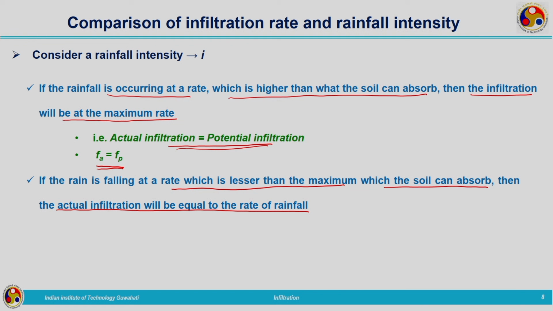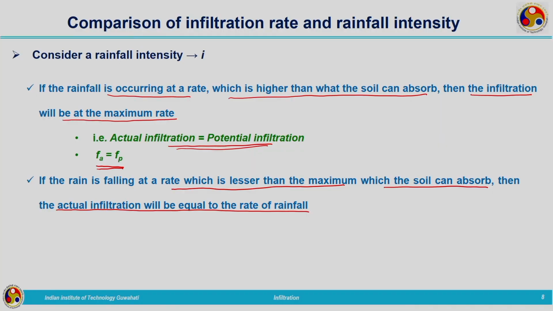Whatever is falling as rainfall will be getting infiltrated into the ground. So, the actual infiltration taking place at that time is equal to the intensity of rainfall. It is not reaching up to the potential infiltration because the rainfall intensity is less than the absorbing capacity of soil. In that case, we can write actual infiltration is equal to rainfall intensity, FA is equal to I.